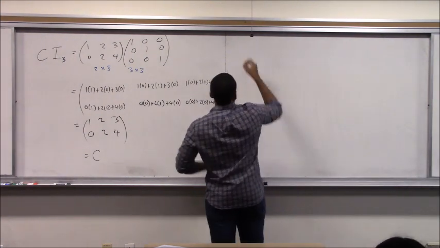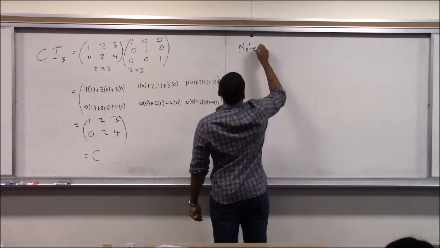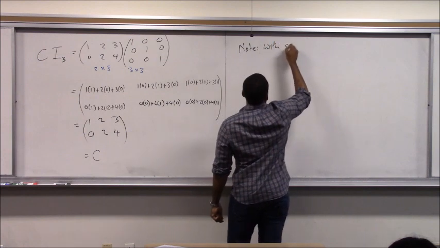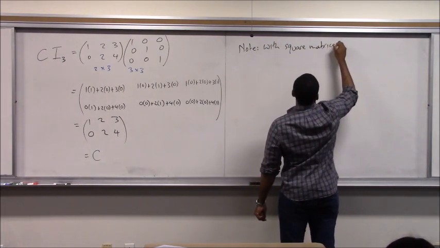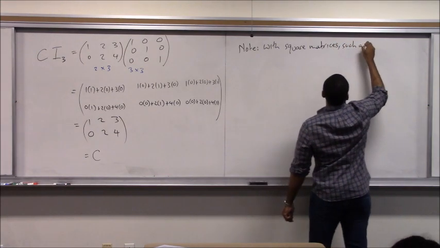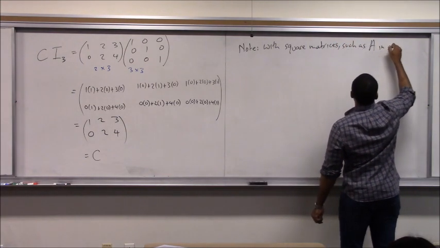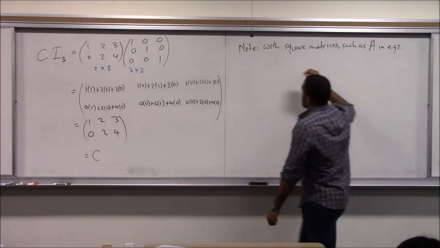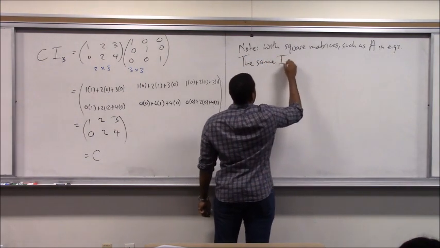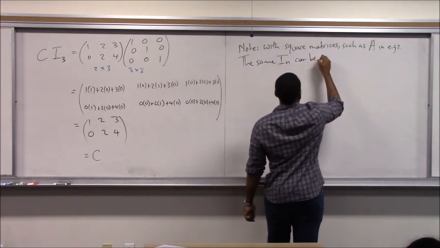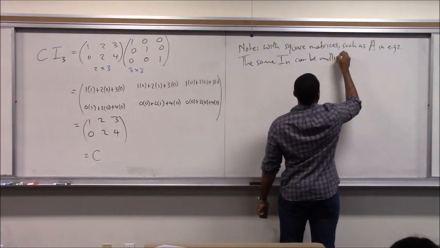So note, with square matrices, such as A in example 2, the same IN can be multiplied on either side.